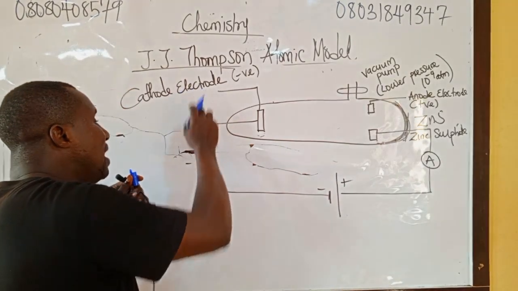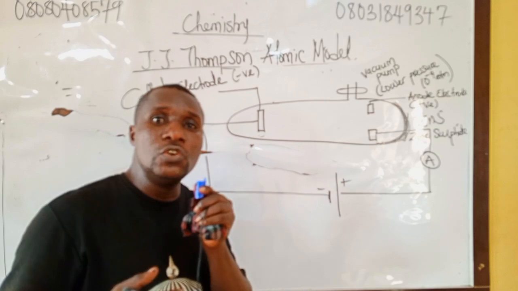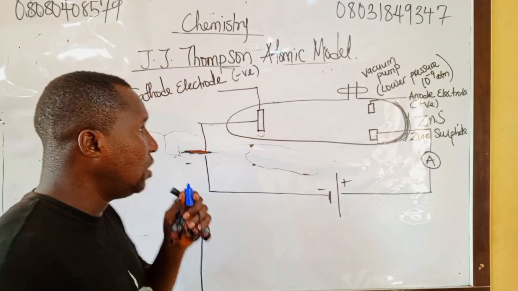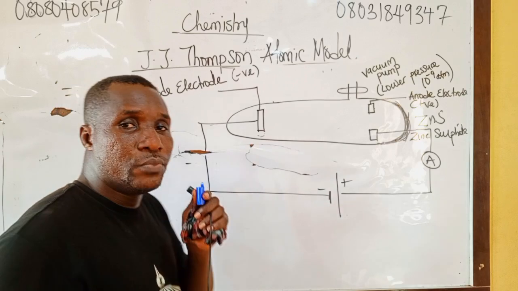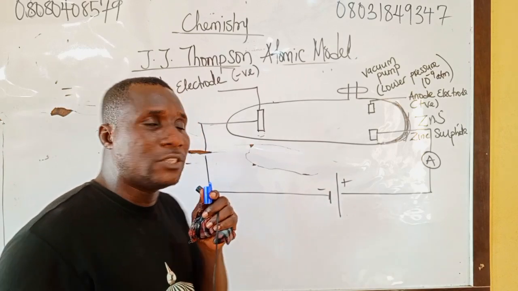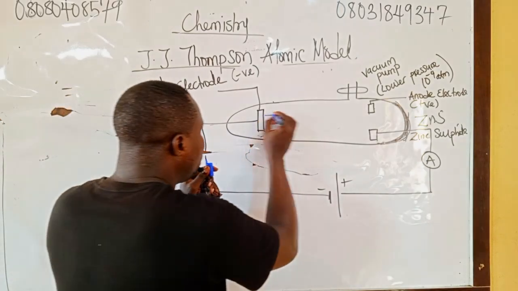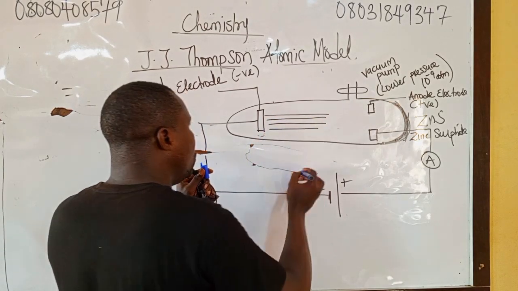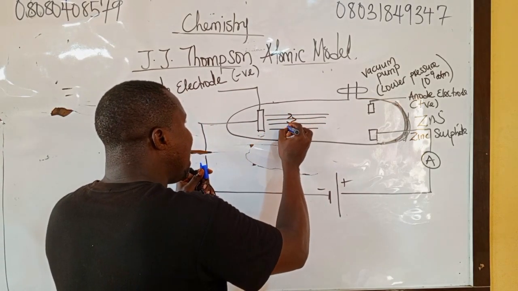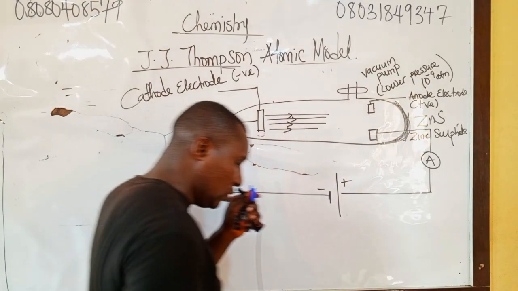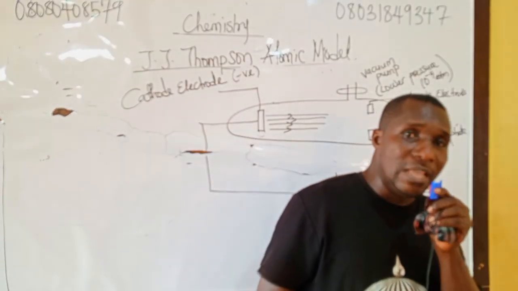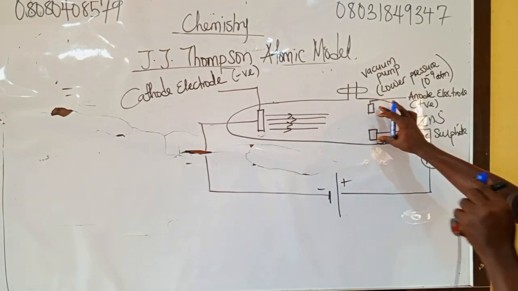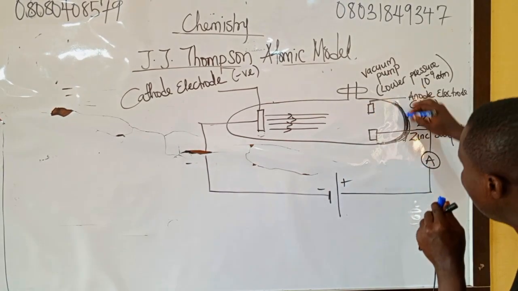The cathode electrode produces a stream of particles which moves from the cathode electrode towards the anode. On getting towards the anode, they hit the screen.